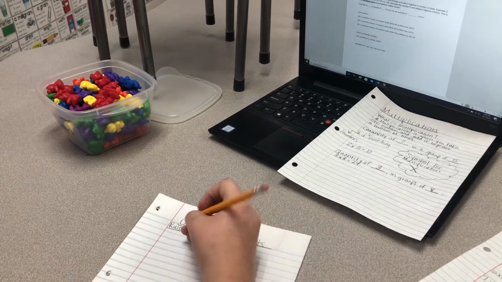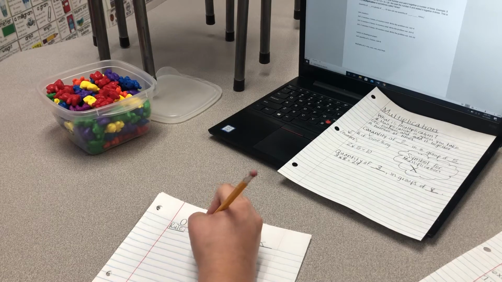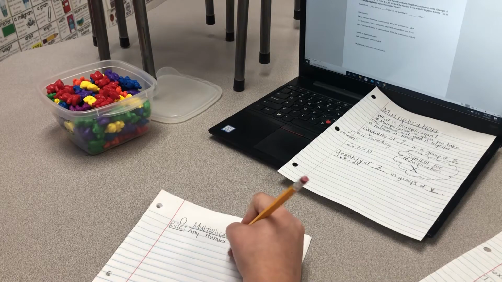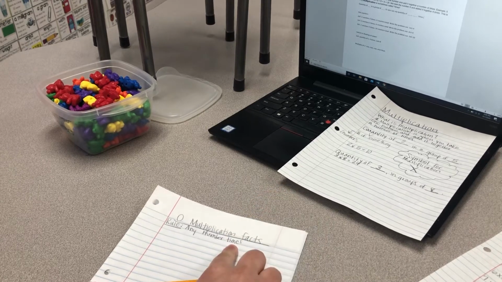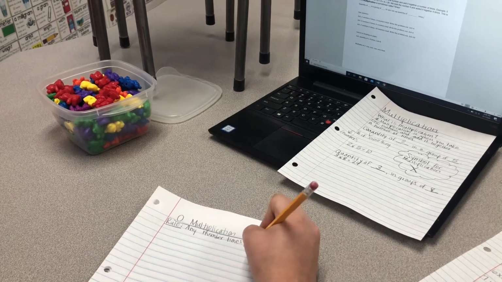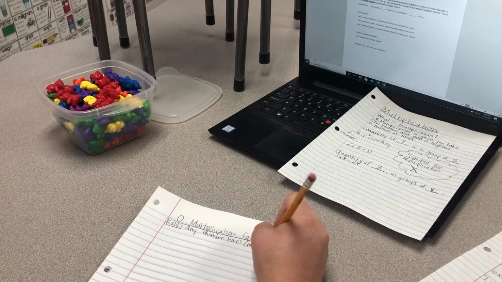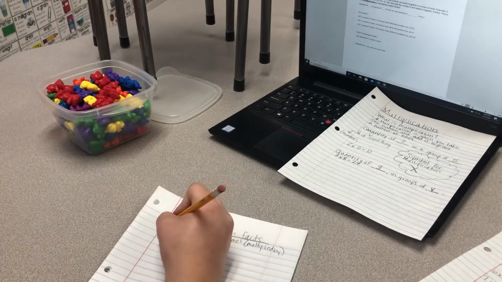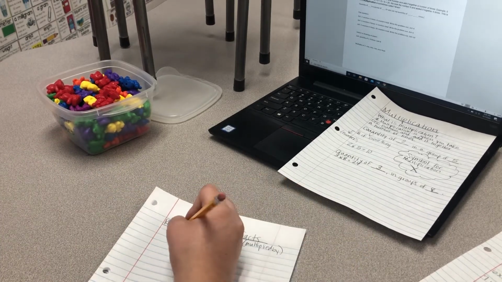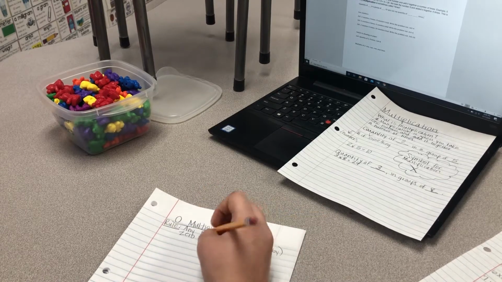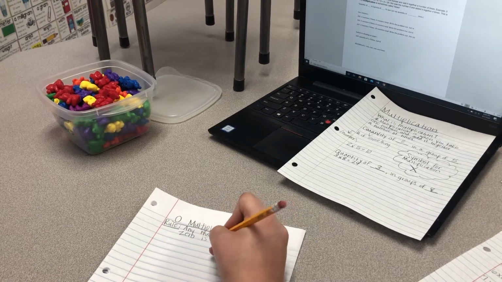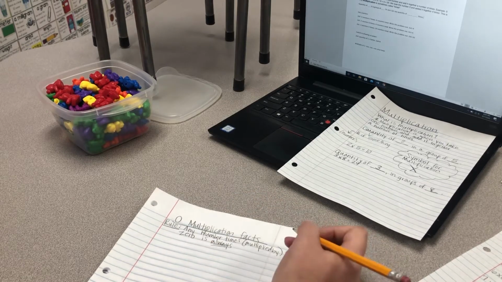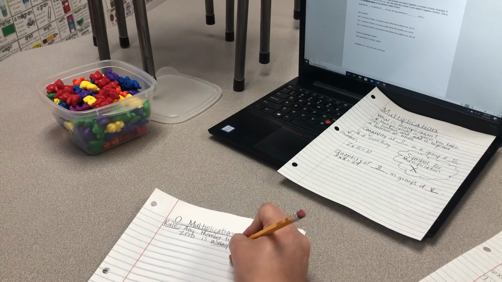Here is our rule. Any number times, there's our fancy word, times means multiplied by, so I'm going to write multiplied by in parentheses, 0 is always, we'll underline that 3 times, always 0.